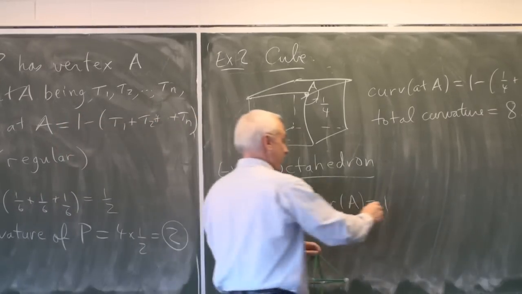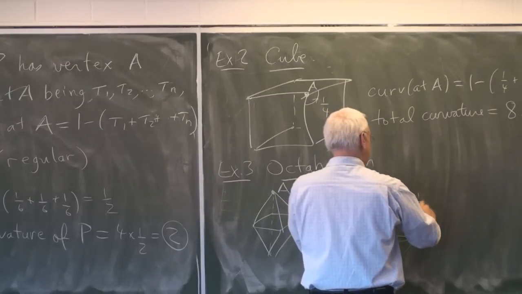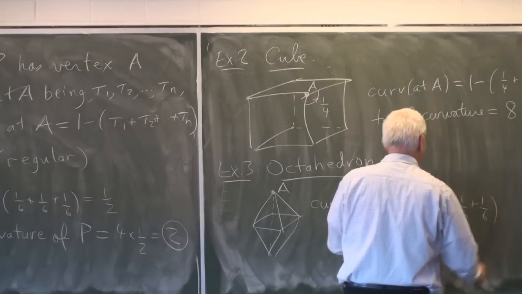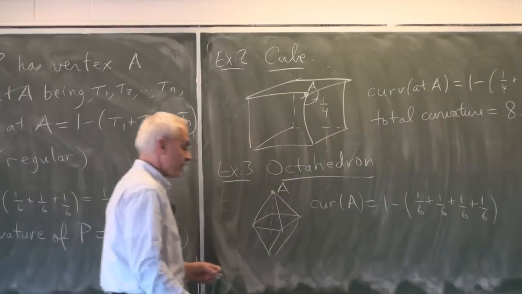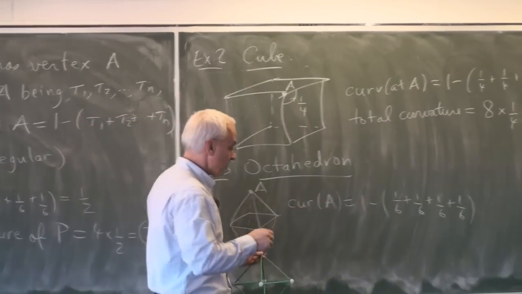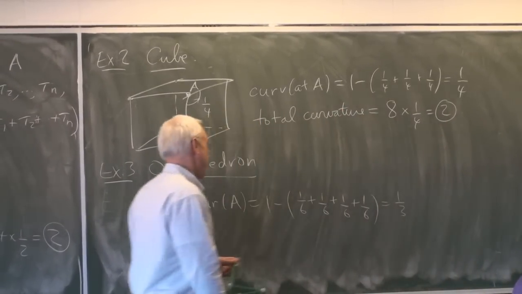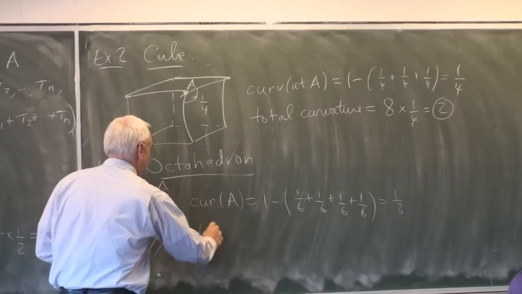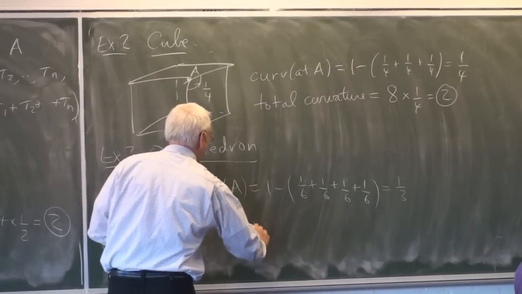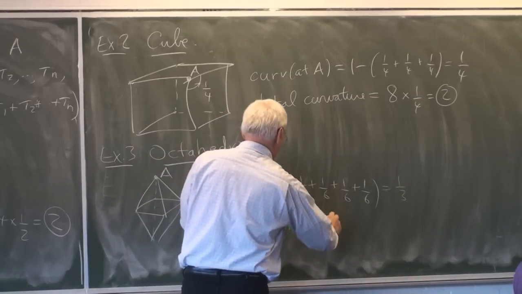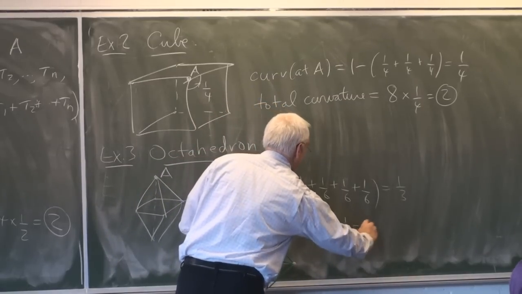So we have to subtract 1/6 plus 1/6 plus 1/6 plus 1/6. That's 2/3, so 1 minus that is 1/3. And the total curvature is 6 times 1/3, which is 2.